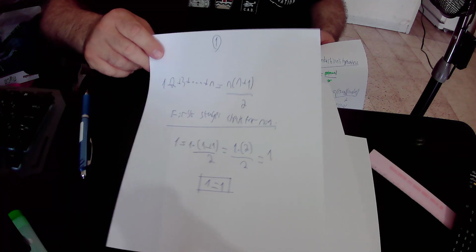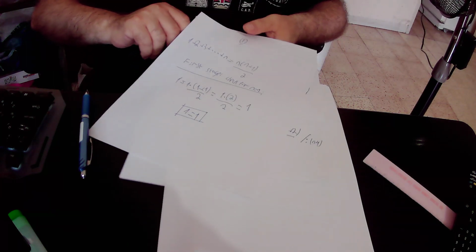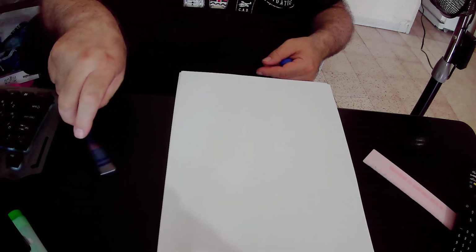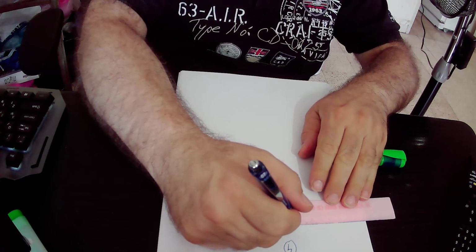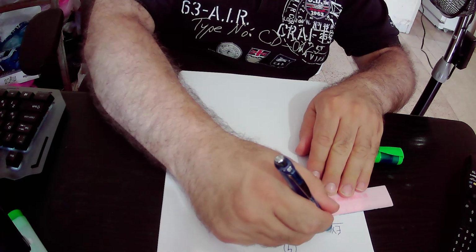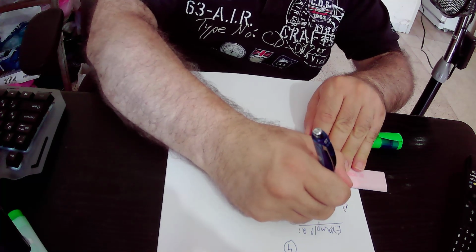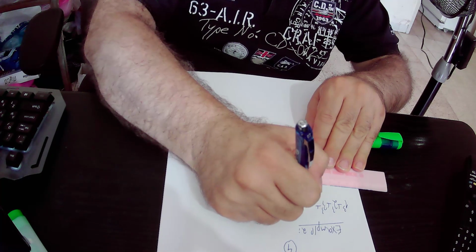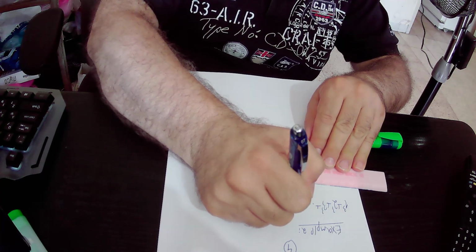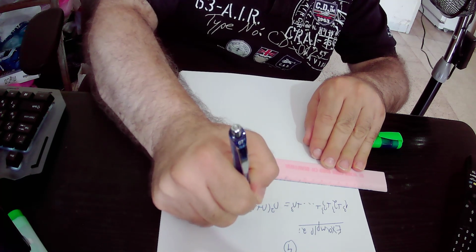Okay, so I will give you another example in order to clarify the topic. The second example will be 1 to the power of 3 plus 2 to the power of 3 plus 3 to the power of 3 plus n to the power of 3 equals n squared times n plus 1 squared all divided by 4.